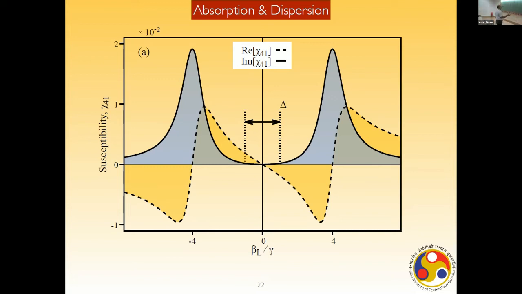And then we increased the control field intensity in order to get a flat-bottom kind of window. In this region there is no appreciable absorption, and you can see there is a non-zero refractive index. This is the story of the right-hand polarized light.